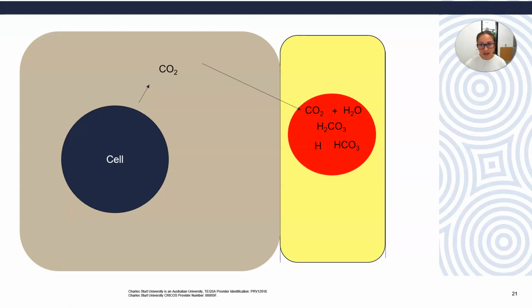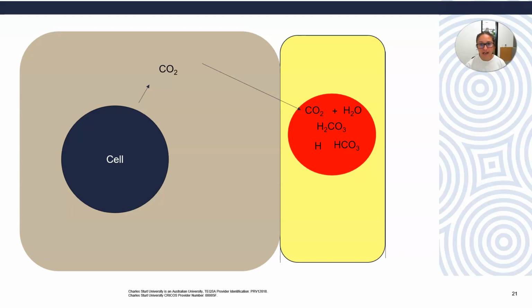We can't have that because pH, or a drop in pH, is going to make our hemoglobin molecules lose their shape. And if a protein loses its shape, it loses its function, right? So we can't have that.